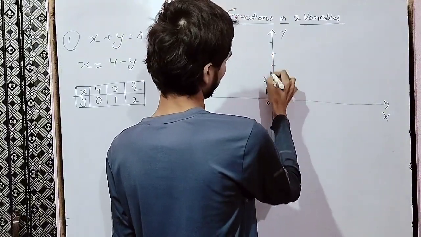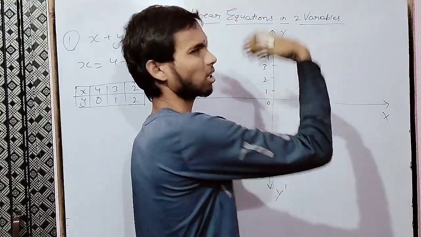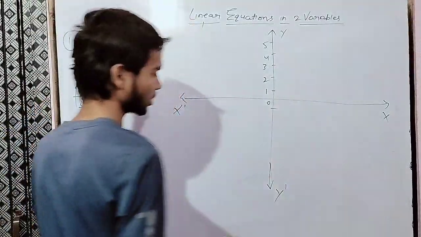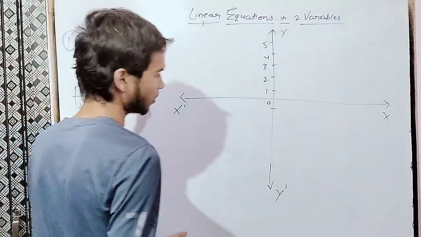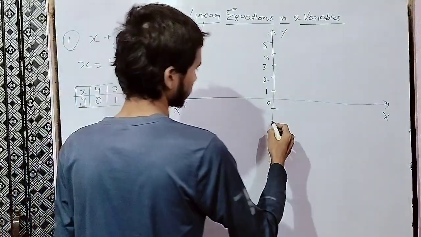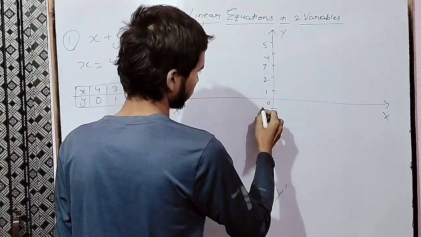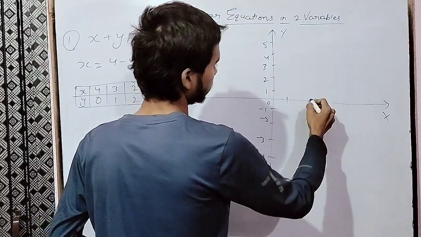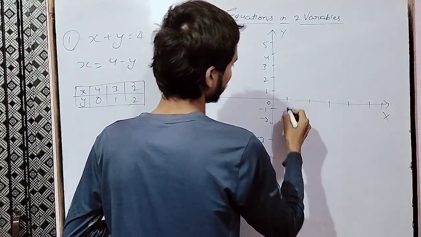You can take it even further according to need. Downward, the y-axis will be with subtraction: minus 1, minus 2, minus 3, minus 4.